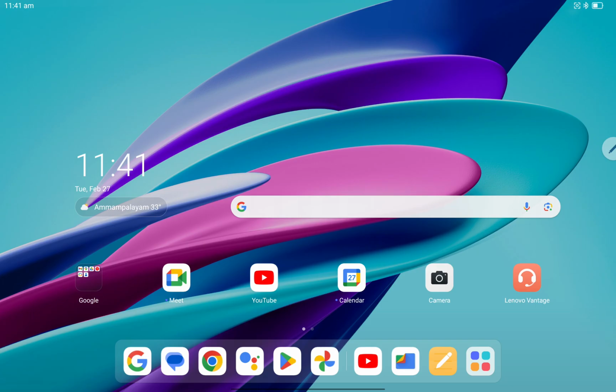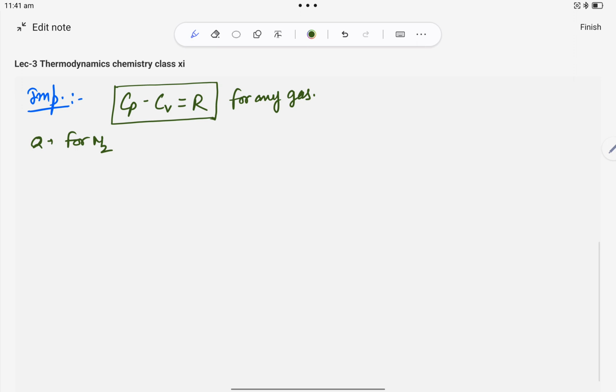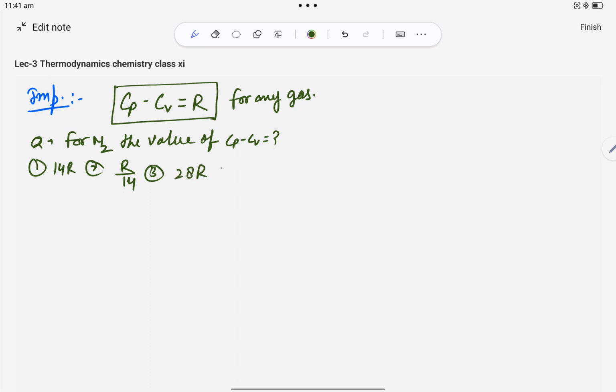for N2, the value of small Cv is what? 4 options are given: 14R, R by 14, 28R, R upon 28. See how to solve.